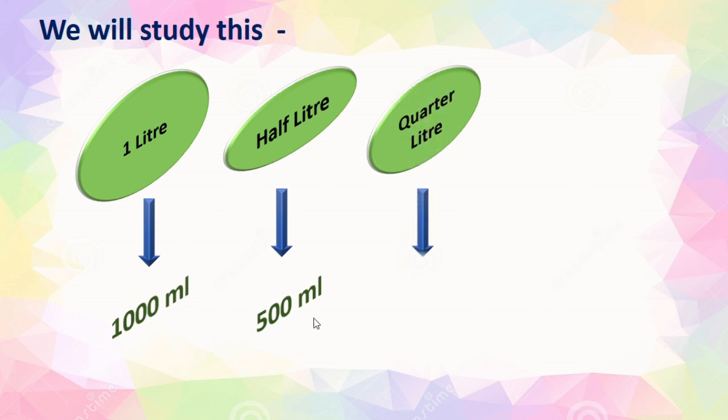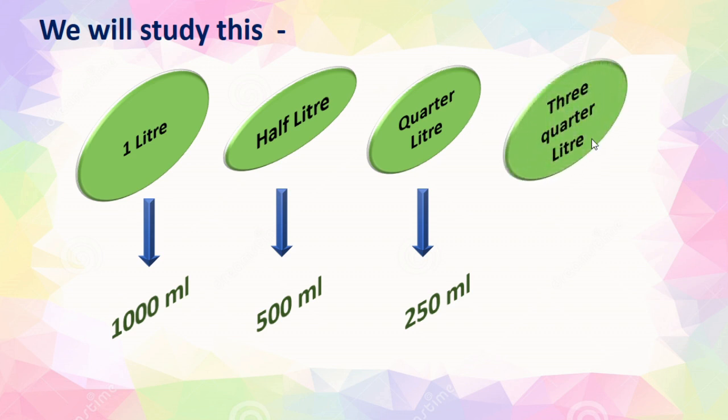Half of half. That is nothing but 250 ml. Isn't it? You know this. Now 3/4 liter. That is equal to 500 ml plus 250 ml. That is nothing but 750 ml. Isn't it? Good.